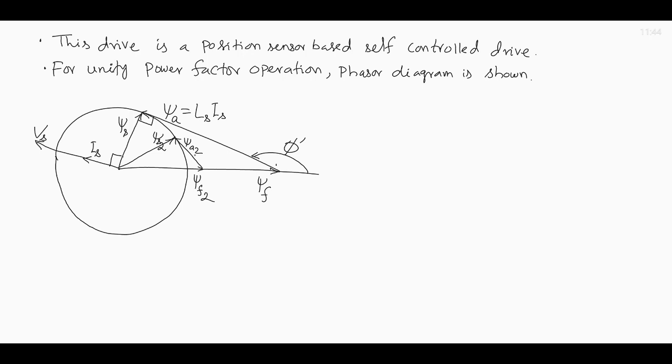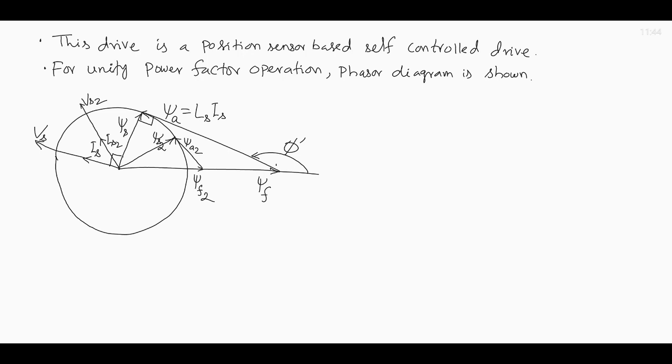Now this is Vs 2, which is perpendicular to psi s 2, and Is 2 is in the same direction. This is another value.